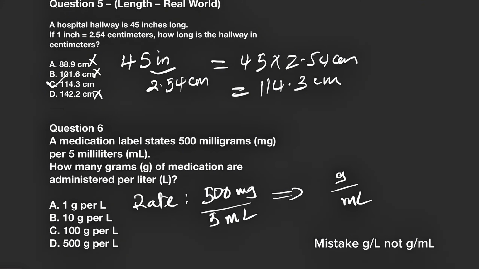You see that this is milli and milli, so milli and milli can cancel each other. Therefore we will have 500 divided by 5 to give 100 per milliliter. So this is going to be 100 grams per milliliter. C. Perfect. If you have any question, you can ask in the comment section.